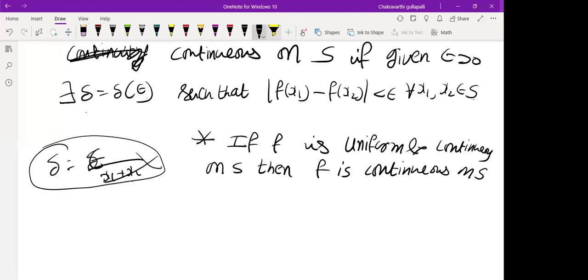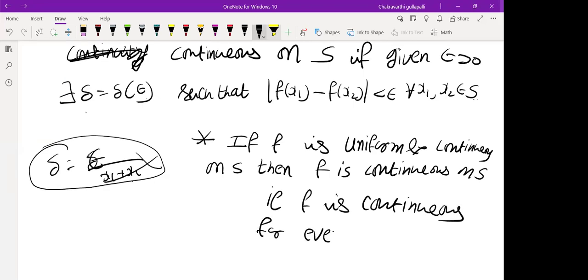Continuity means you should have modulus of f of x minus f of a less than epsilon. So if it is uniformly continuous, automatically it will be continuous on S. On S means that f is continuous at every point of S, for every a belonging to S.